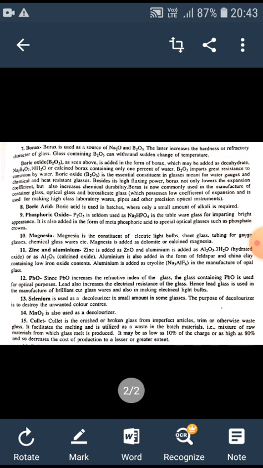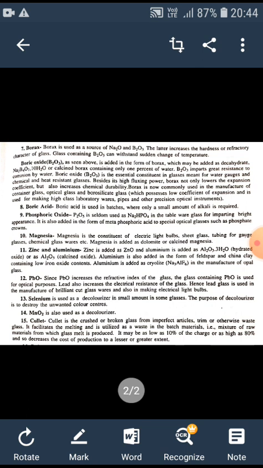Magnesia is another important component used in the manufacture of glass. Magnesia is the constituent of electric light bulbs, sheet glass, tubing for gauge glass, chemical glassware, etc. It is added as dolomite or calcined magnesium. Zinc and aluminium are other important raw materials used in the manufacture of glass.